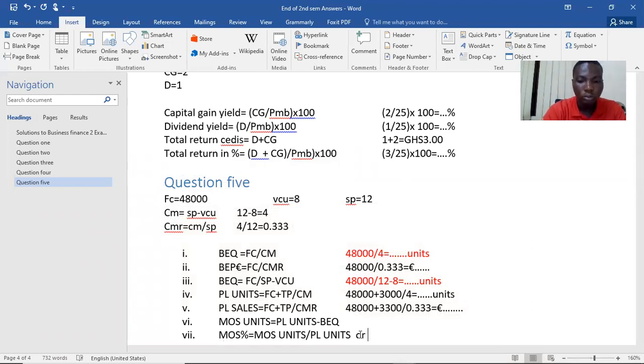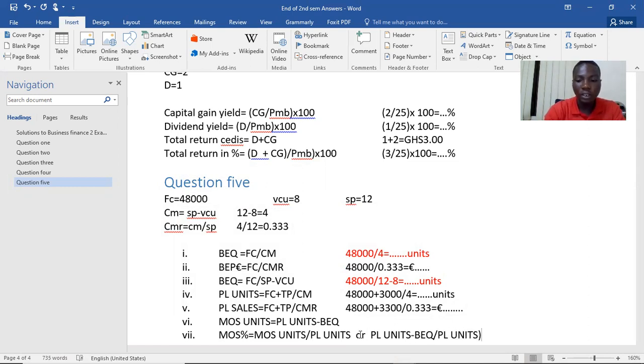Or your profit level units minus your break-even in units, all divided by the profit level in units.